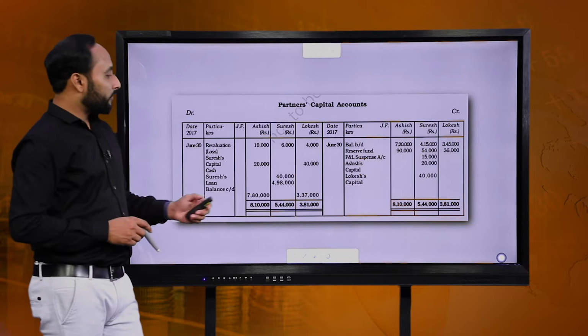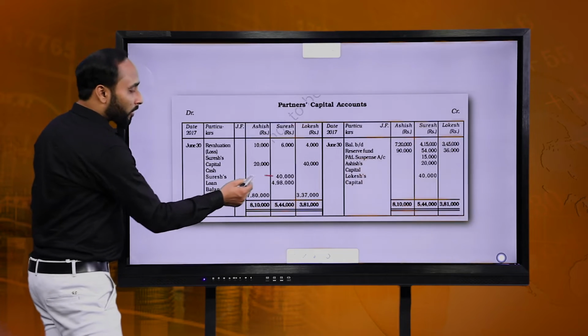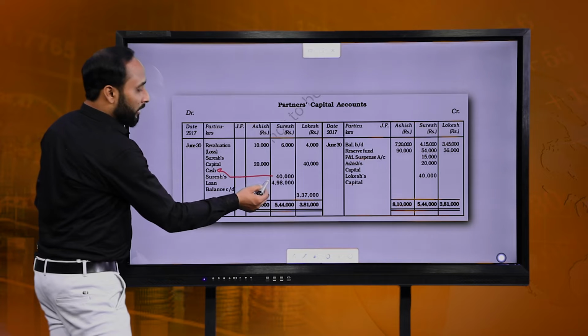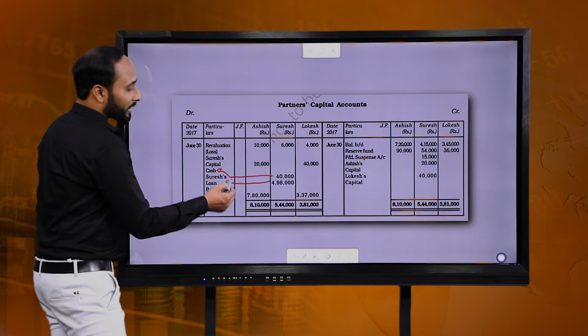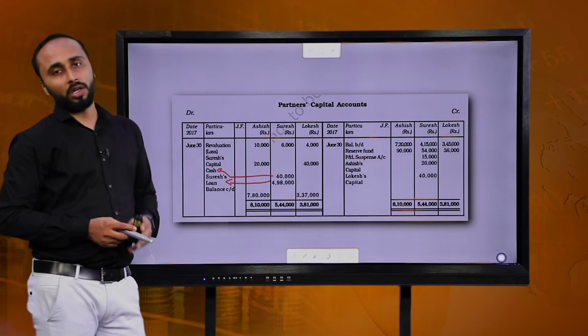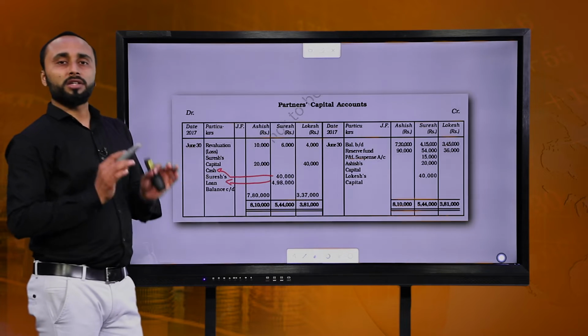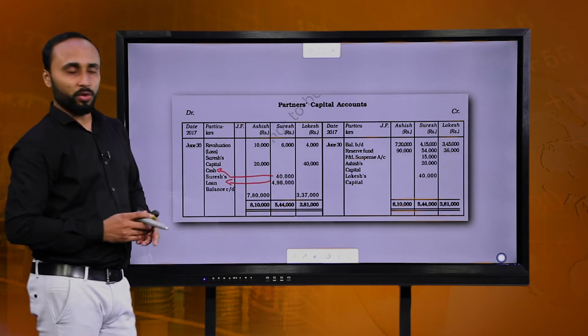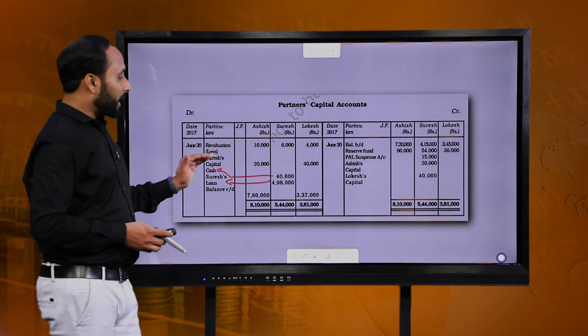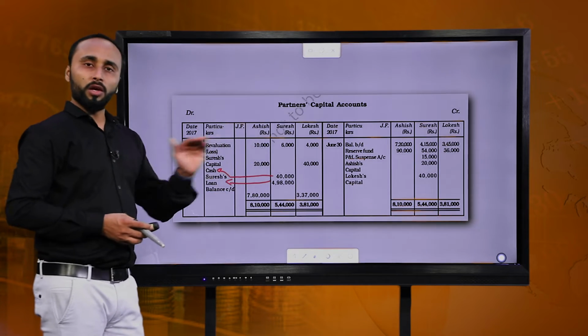So that is what we have done here. We have written 40,000 with cash account, and the rest of the amount, which is 4,98,000, as Suresh's loan account. This is how we have disposed of the amount due to the retiring partner in this question, by transferring 40,000 from the cash account and by transferring the rest to the loan account.